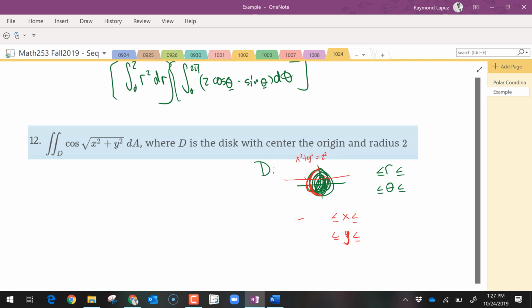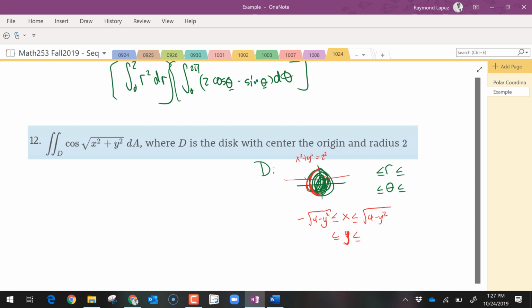As I solve for x, I would need to take the square root, and there's some plus minus business happening. So on the negative side must be the negative square root of 4 minus y squared, and the positive square root of 4 minus y squared. Whenever you're dealing with circles, these functions are going to pop up a lot.